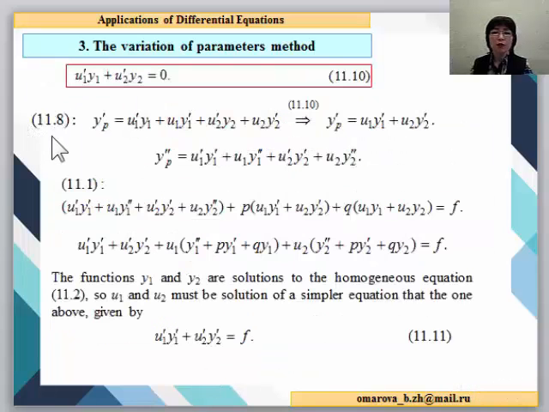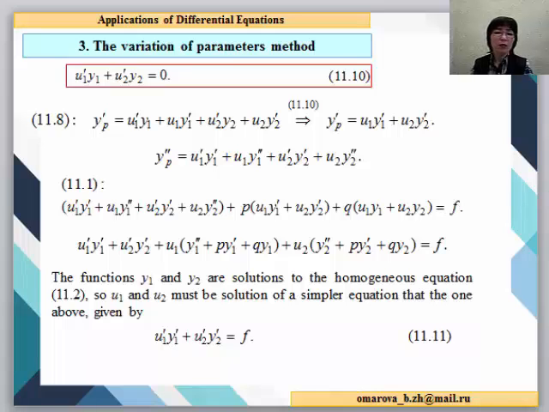Thus, from the expression 11.8, we obtain the following: firstly, the derivative. Next, using the condition 11.2, we derive the first derivative of the particular solution. Next, we calculate the second derivative of the particular solution. We substitute this value into the given equation 11.1, and we obtain the following equality.